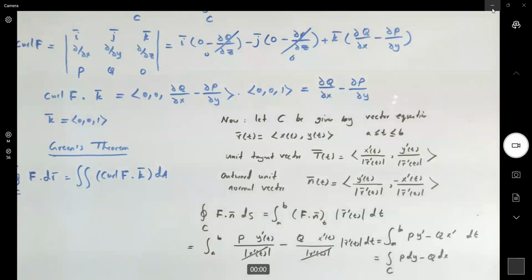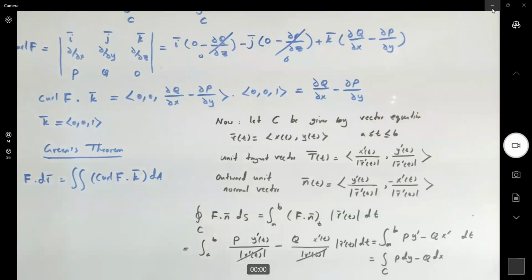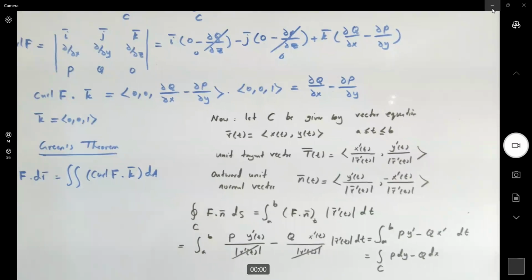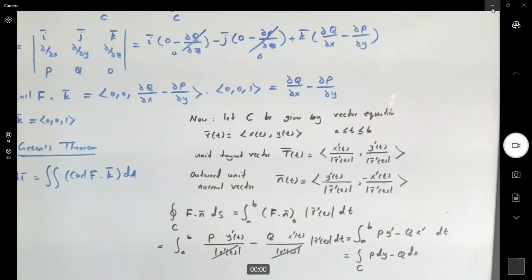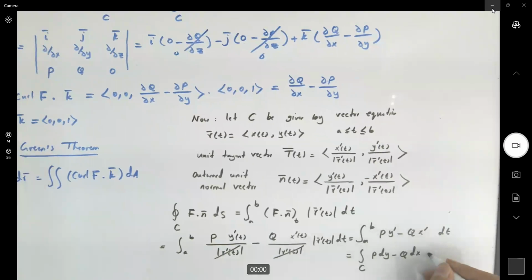which can be written as a double integral over region D of the partial derivative of p with respect to x plus the partial derivative of q with respect to y dA.